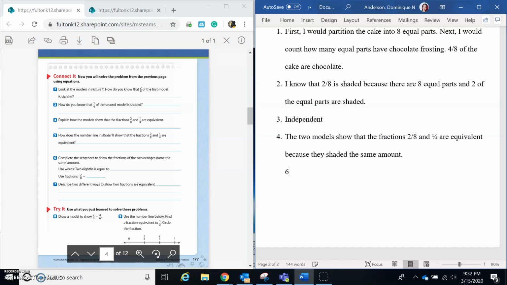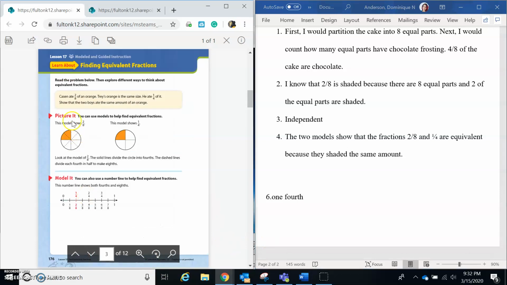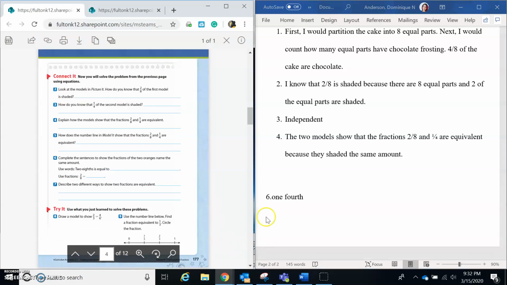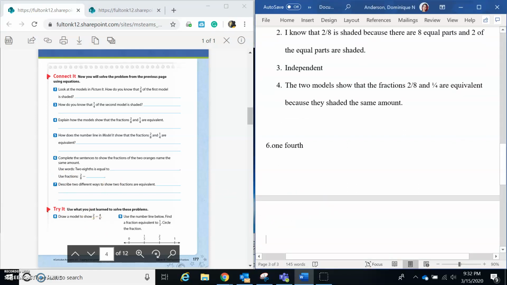This is 6. 2/8 is equivalent to 1/4, which we saw here. And the 2/8 is equivalent to 1/4. Then we're going to use fractions. So if I go down, 2/8 is equal to 1/4.